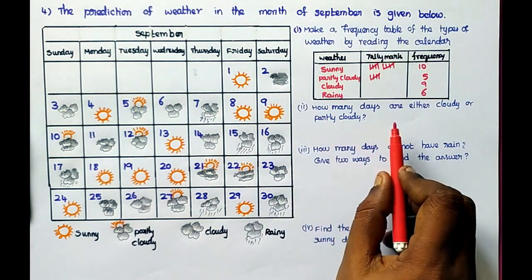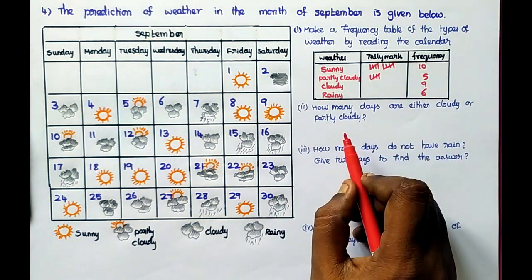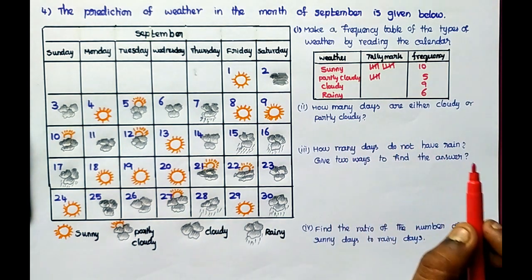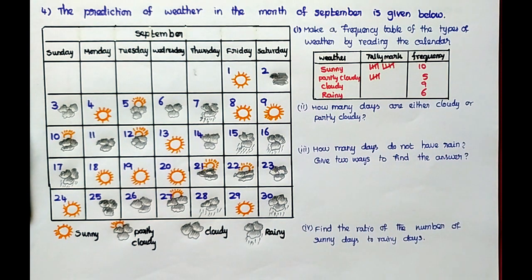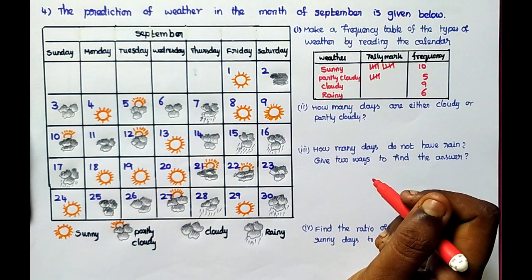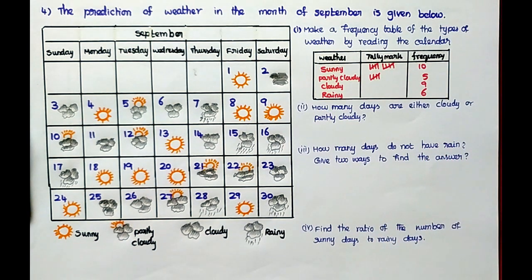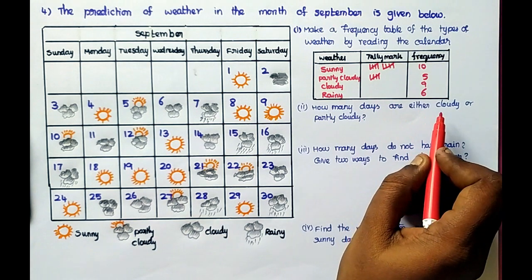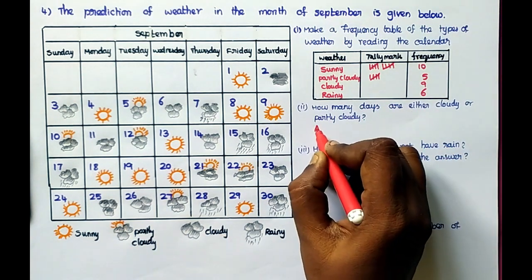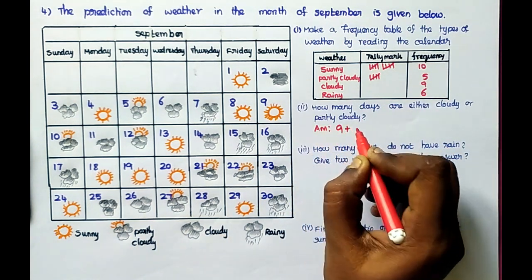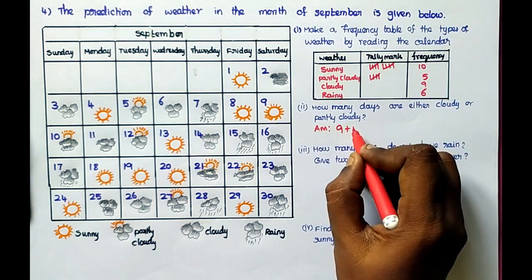Next one, how many days are either cloudy or partly cloudy? Cloudy means 9 days and partly cloudy 5 days.